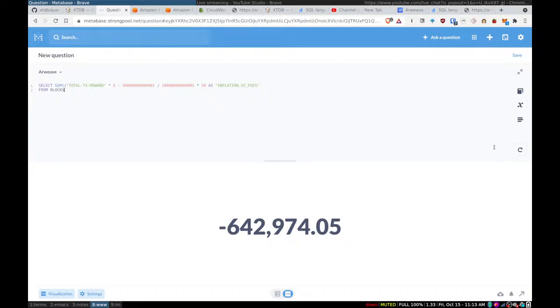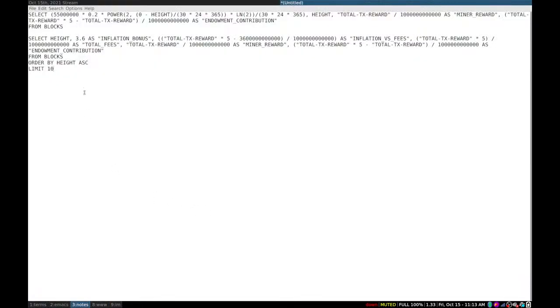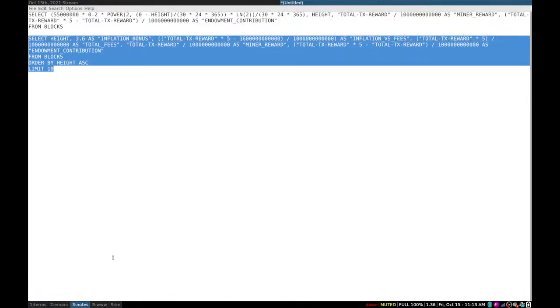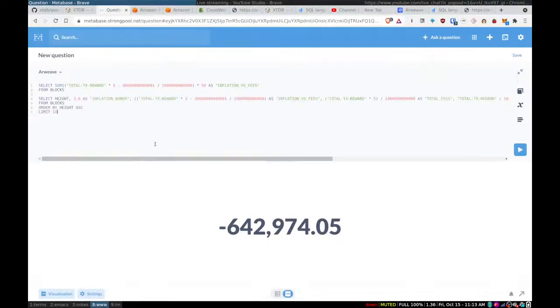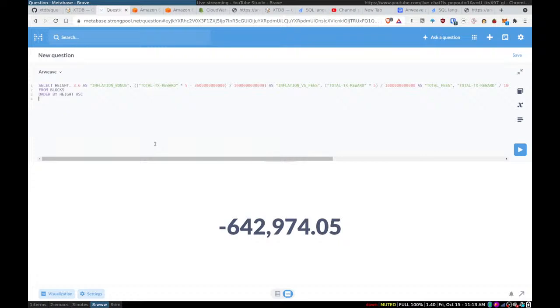Okay, let me go back to a previous version. Debating how much time I want to continue spending on this versus doing something else, but I think we should at least plot this, right? So let's take this, take the limit off, and we should be able to get a nice chart out of this.